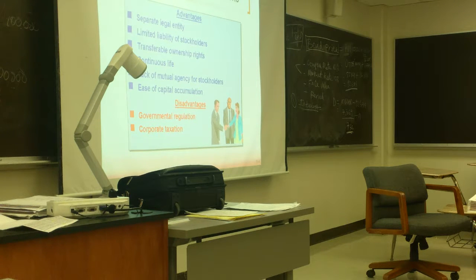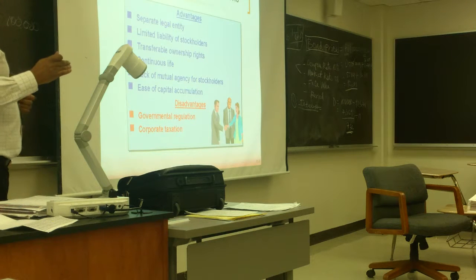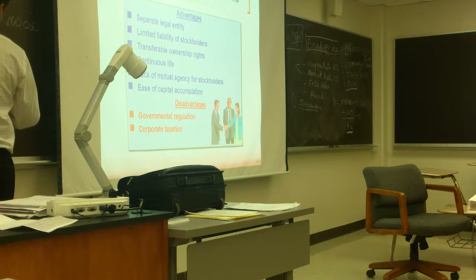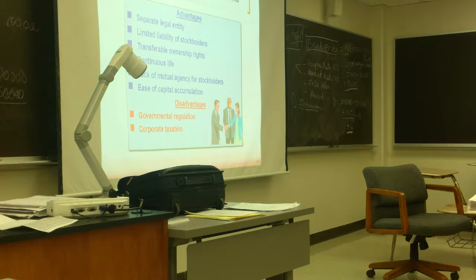So if the board of directors approves a dividend, and let's say the dividend of that corporation is 60,000, then how much is actually the retained earnings or the profit? 100,000 minus 60,000, so 40,000. So the corporation has 40,000 profit in this case.